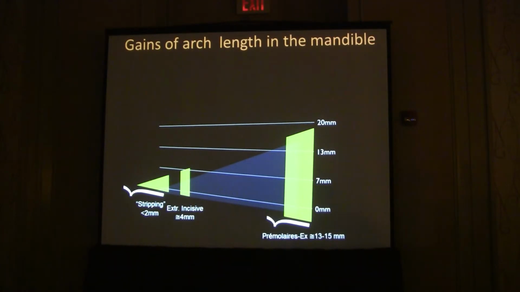The extraction of 2 premolars for 13 to 15 mm is too much, and it will force us to also extract premolars on the maxilla, even if a disjunction was possible, preventing all hopes of regaining a satisfactory breathing function.